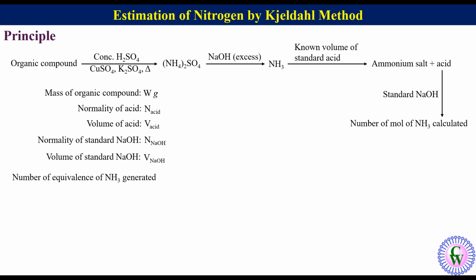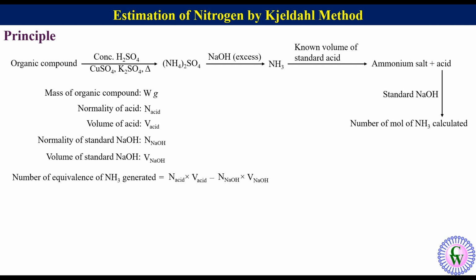Number of equivalents of ammonia generated is equal to N acid into V acid minus N NaOH into V NaOH.